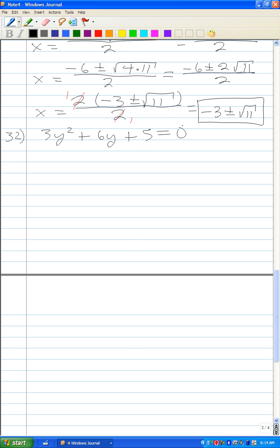Okay, so let me use the quadratic formula to solve that equation. And so x is equal to negative b plus or minus the square root of b squared minus 4ac all over 2a.